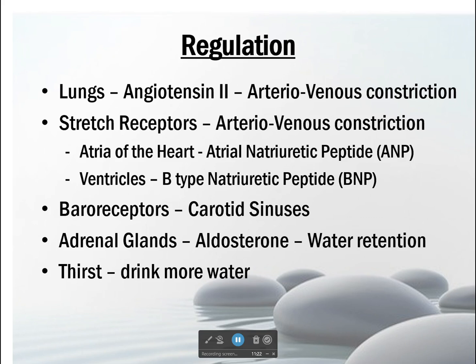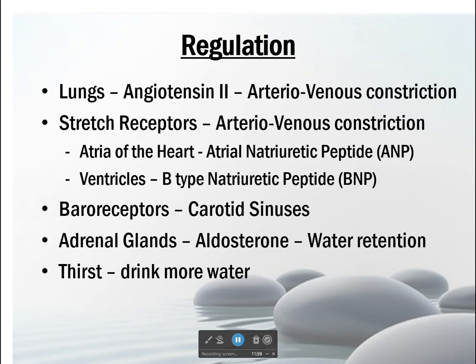Stretch receptors are receptors in the major vessels of the body, the atria and the ventricles primarily, and then also the aorta. These receptors sense the amount of stretch on the tissues of the heart. So if someone becomes fluid overloaded, this extra fluid is going to tend to be retained in the atria. The ventricles are going to contract and eject fluid.